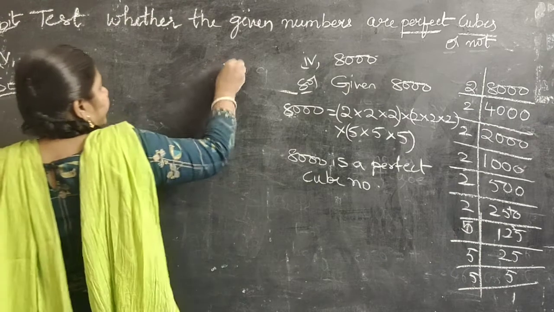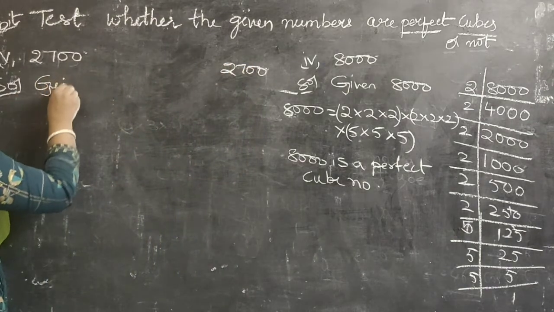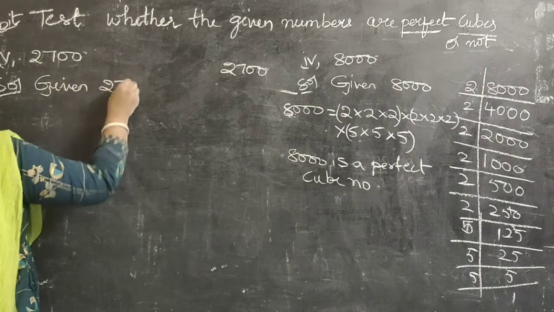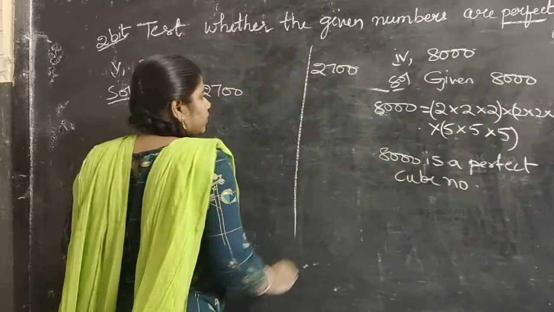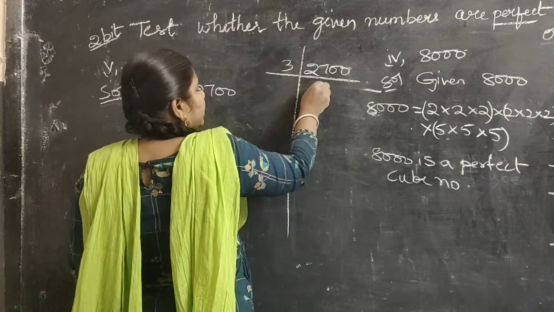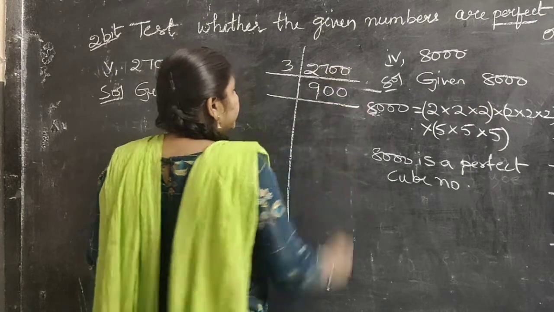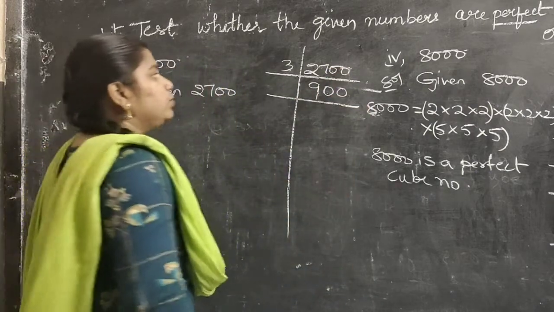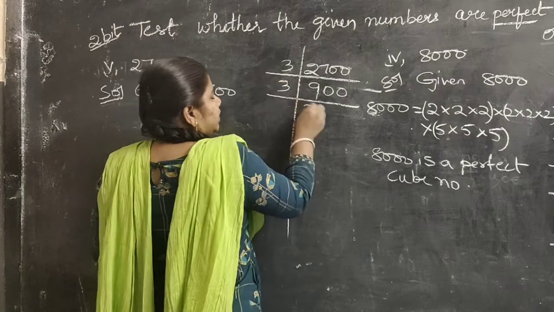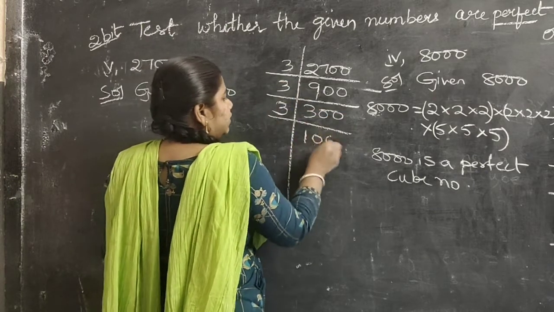So find prime factorization for this. So in which table can we take? We can take in 3 table. 3 9s are 27, 3 zeros are 0, 3 zeros are 0. That is 3 900s are 2700, 3 300s are 900, 3 100s are 300.